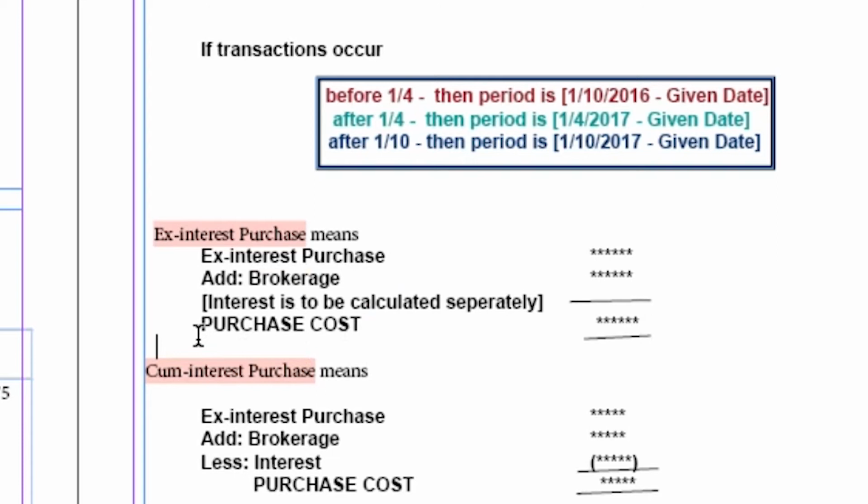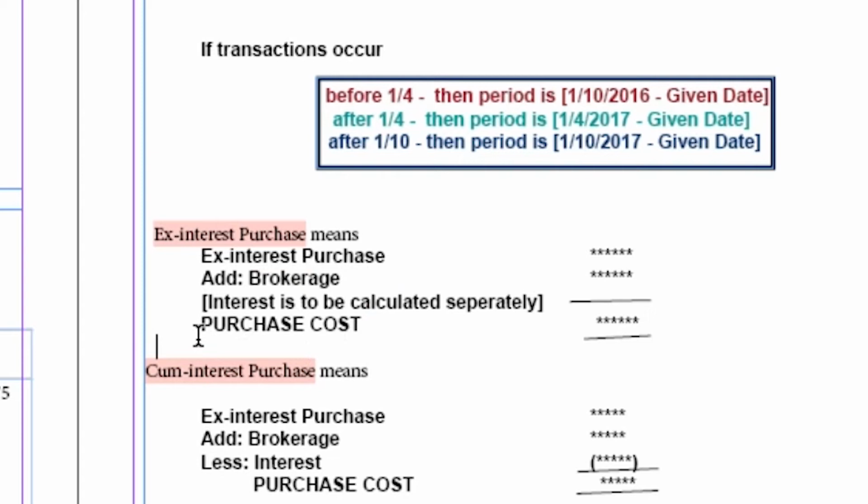Therefore, we have to take 1/4 at least. At the same time, if it happens after 1/10, that means 1st October, then you have to consider that date and the next date given. Therefore, it will help us to solve the question.